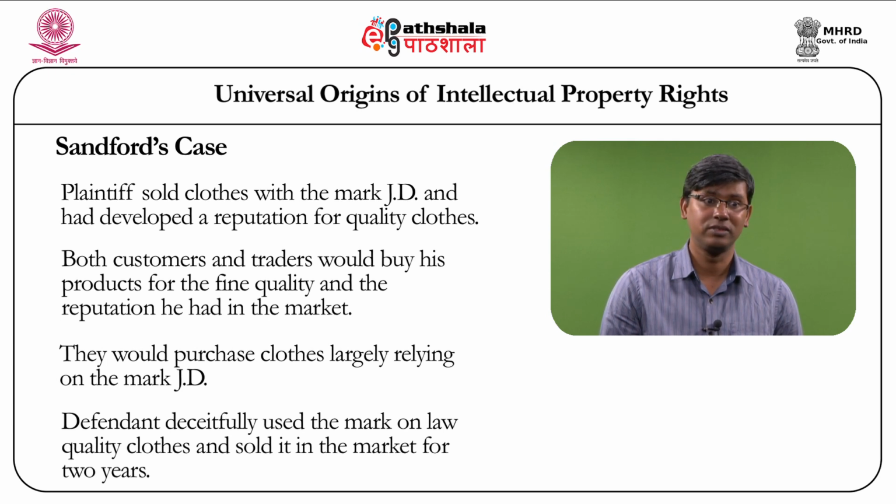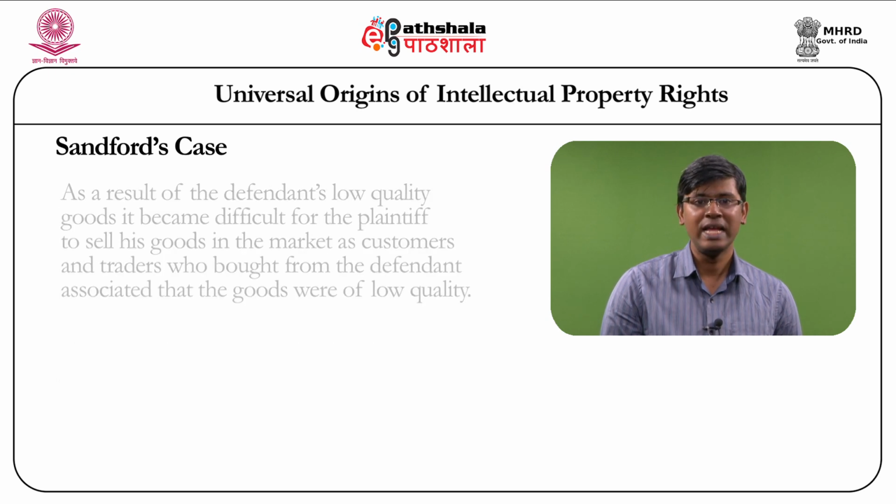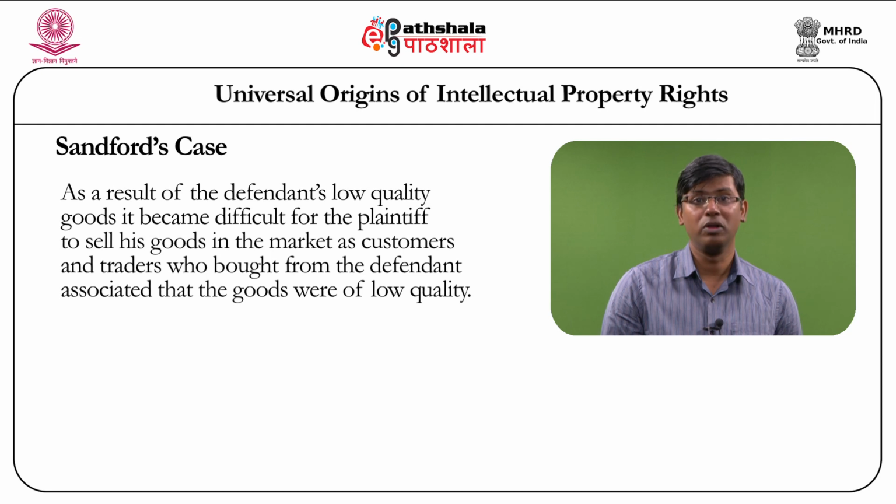Basically, the plaintiffs could no longer sell as much volume of their clothes because customers thought the plaintiffs had started to make low quality clothing. As a result of the defendants' low quality, it became really difficult for the plaintiff to sell their products in the market.